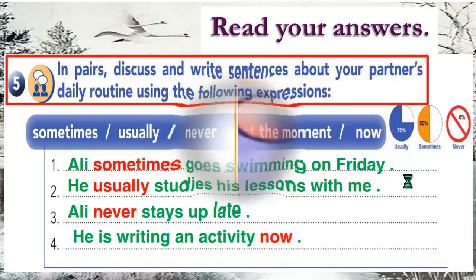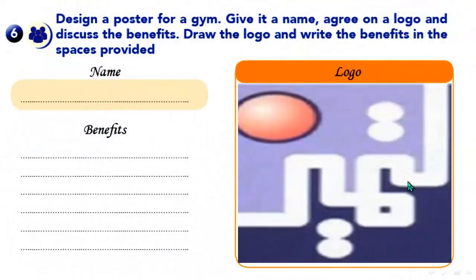Now, the next exercise, the last one on page 18. The question says, design a poster for a gym. Give it a name. Agree on a logo and discuss the benefits. Draw the logo and write the benefits in the spaces provided.